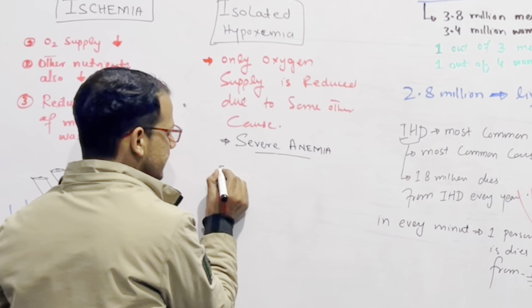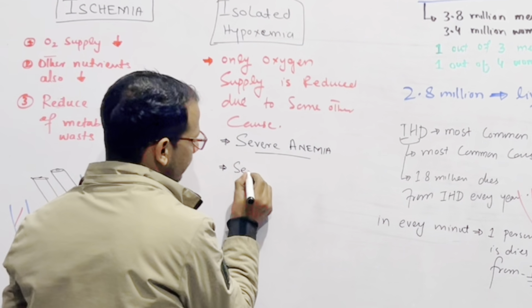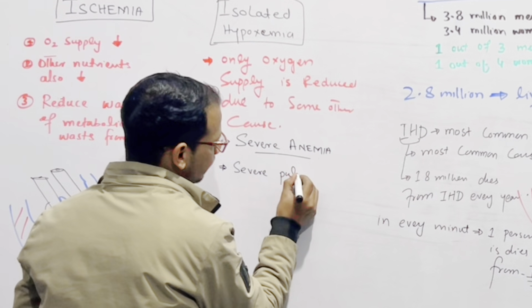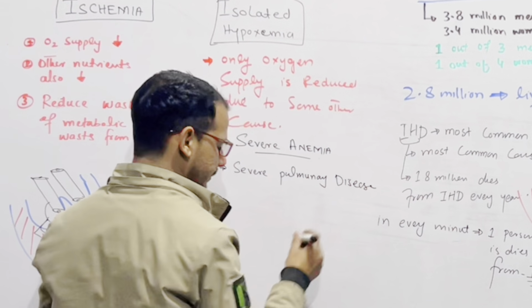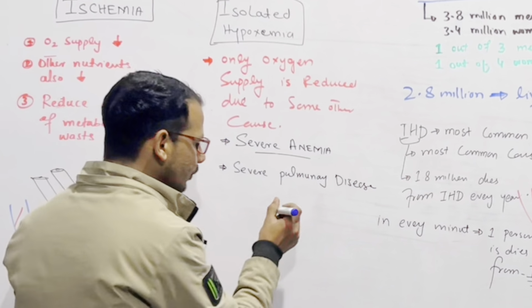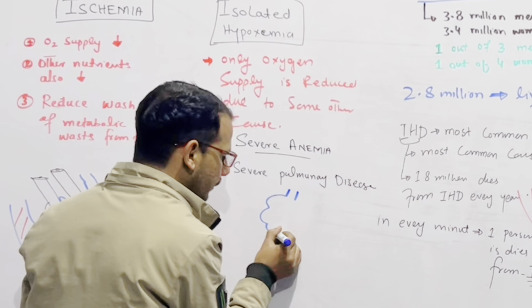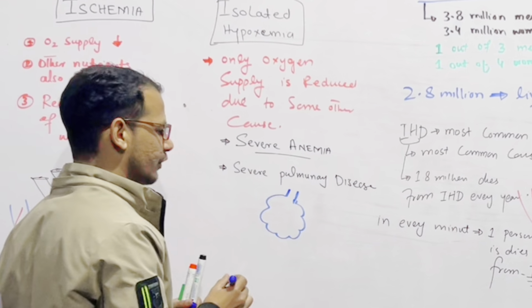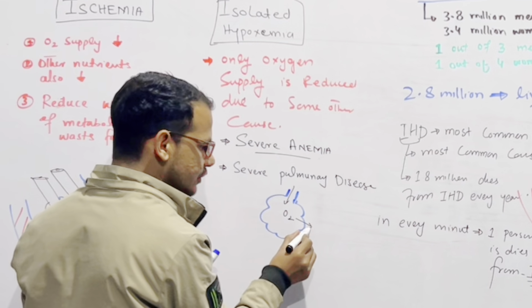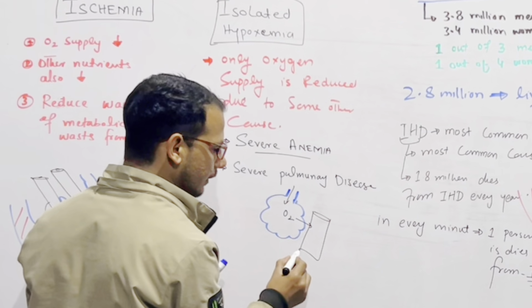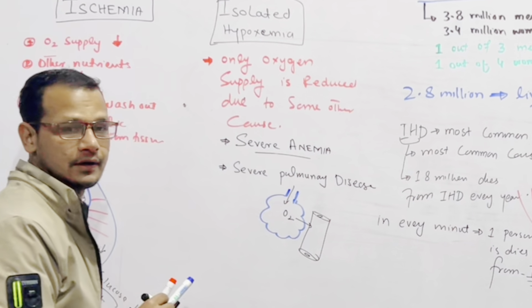The second cause is severe pulmonary diseases. For example, if we take alveoli, in normal conditions oxygen comes here and diffuses to blood.